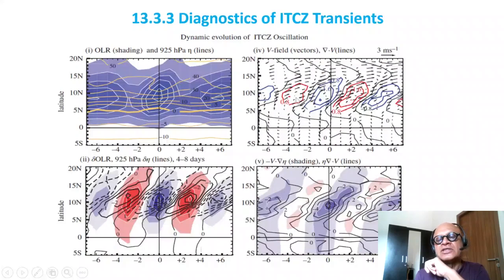And you can see the patterns here of convergence and divergence. So we are talking about basically the advection of the absolute vorticity and vortex tube stretching.